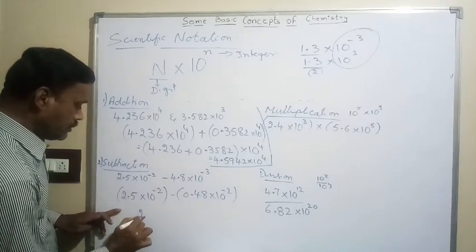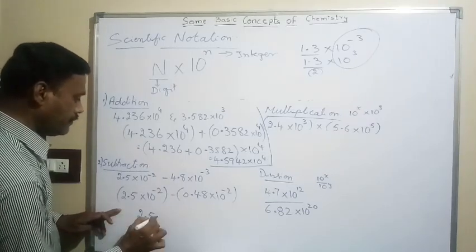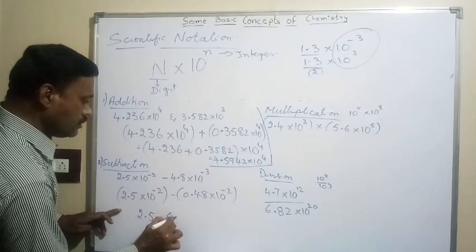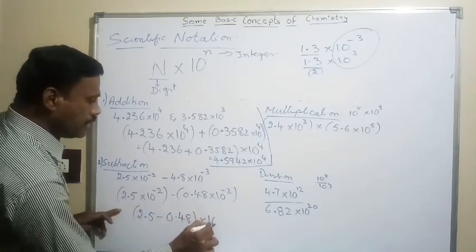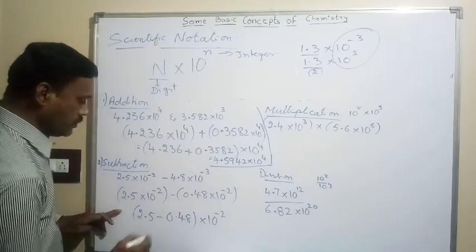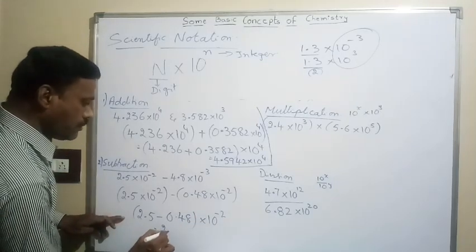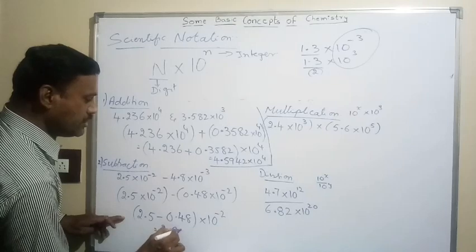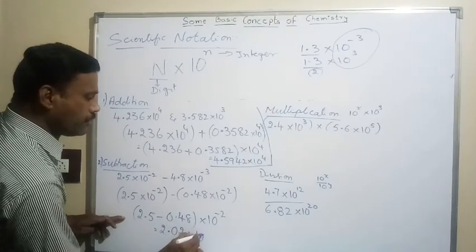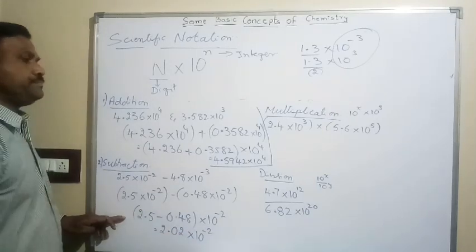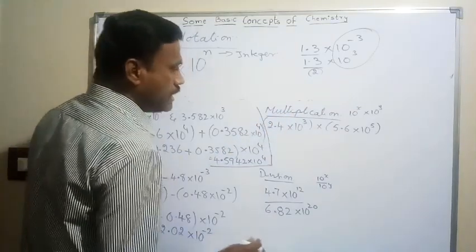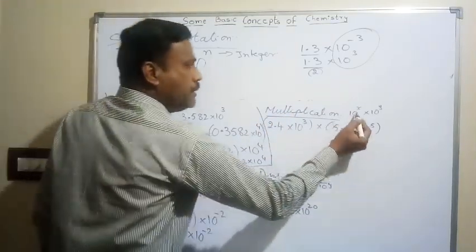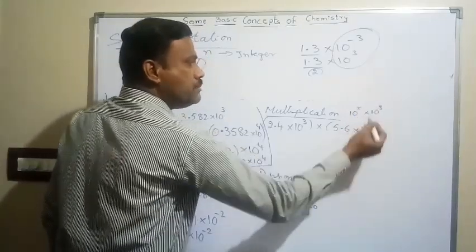So that is 2.5 minus 0.48 into 10 to the power of minus 2. So that gives 2.02 into 10 to the power of minus 2. That is subtraction.